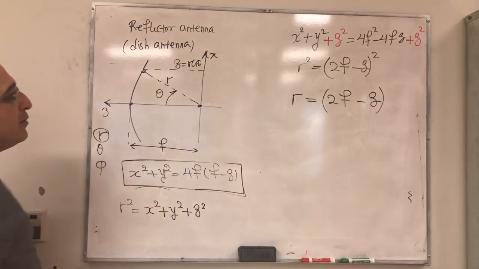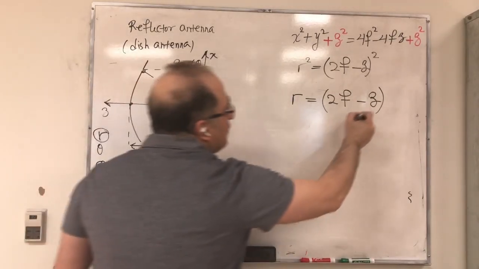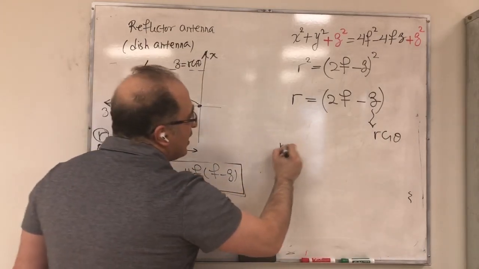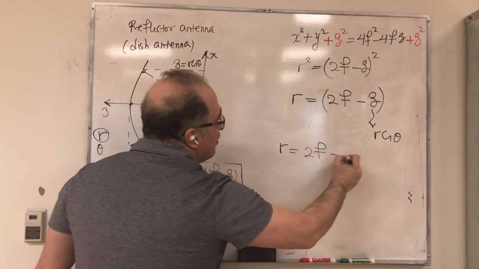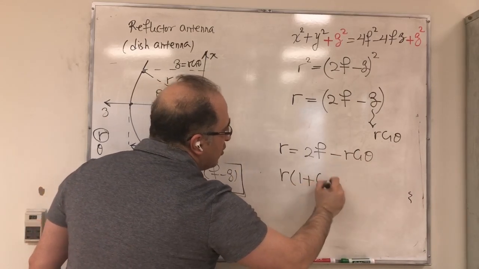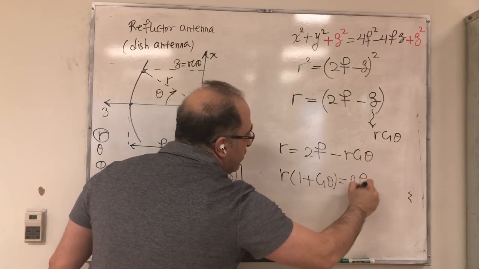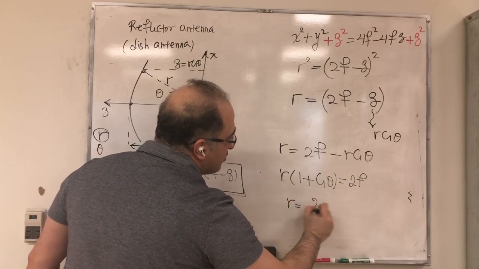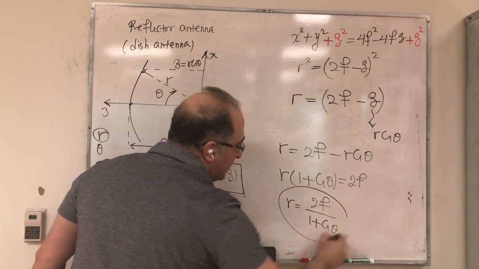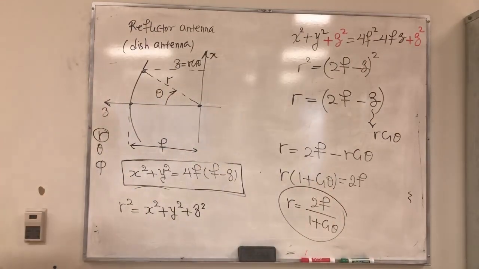So I can substitute r cos theta, and I'm going to have r equals 2f minus r cos theta. Then r times (1 plus cos theta) becomes 2f. Therefore, r becomes 2f divided by (1 plus cos theta). And that becomes the same equation.